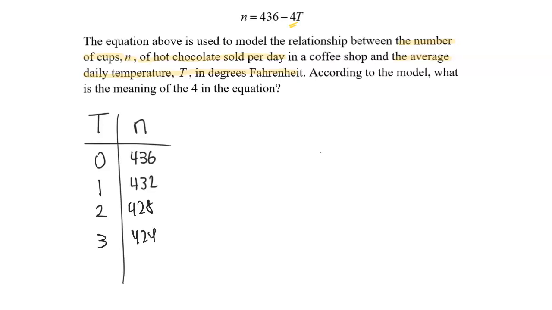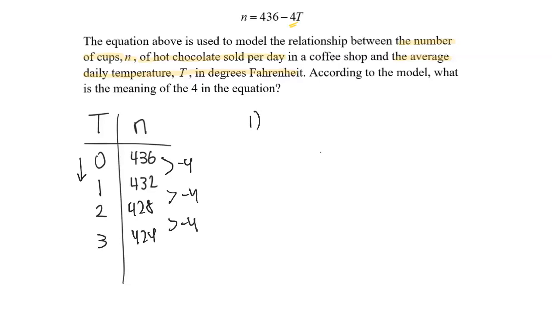And so we are able to make 2 conclusions from this table of values. The first situation is that if we increase the temperature by 1 degree Fahrenheit, we are decreasing the number of cups of hot chocolate by 4 every time.